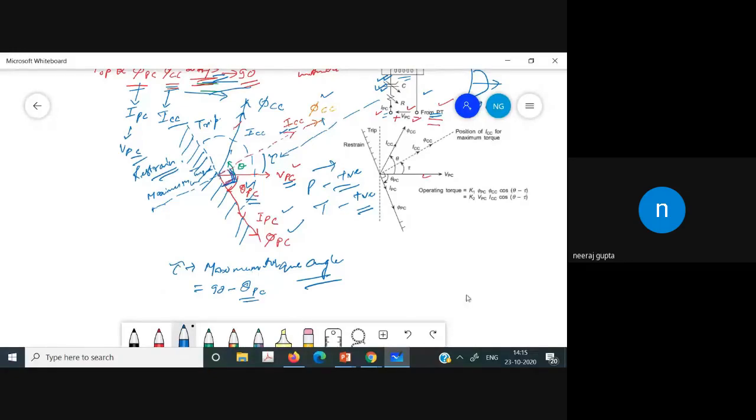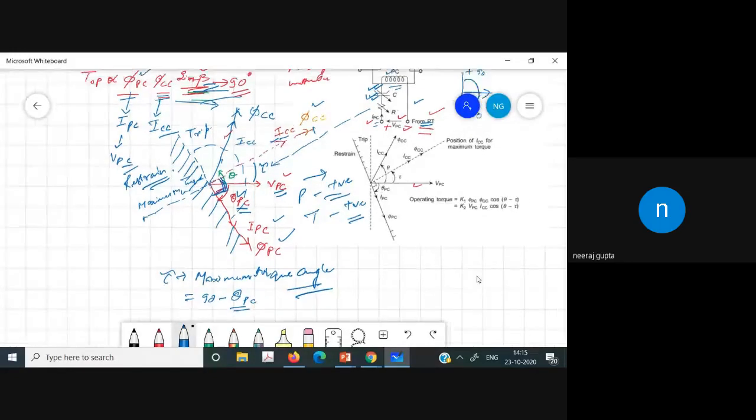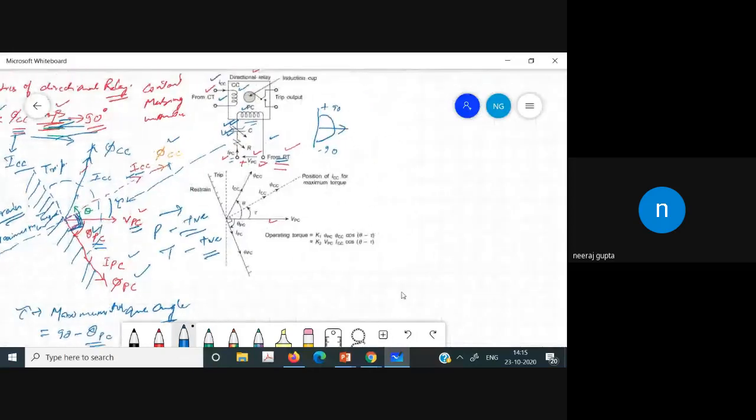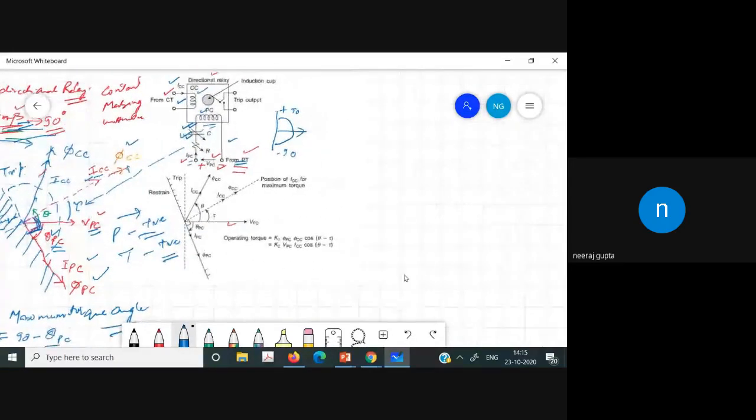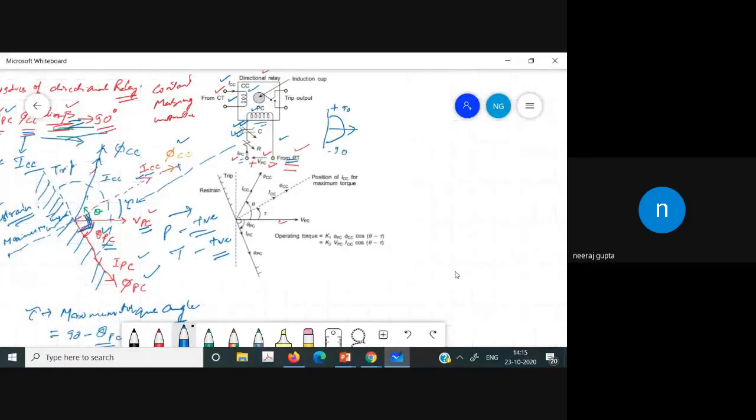Now we know the equation that T operating is directly proportional to phi PC, phi CC, and the sine of the angle between the two.